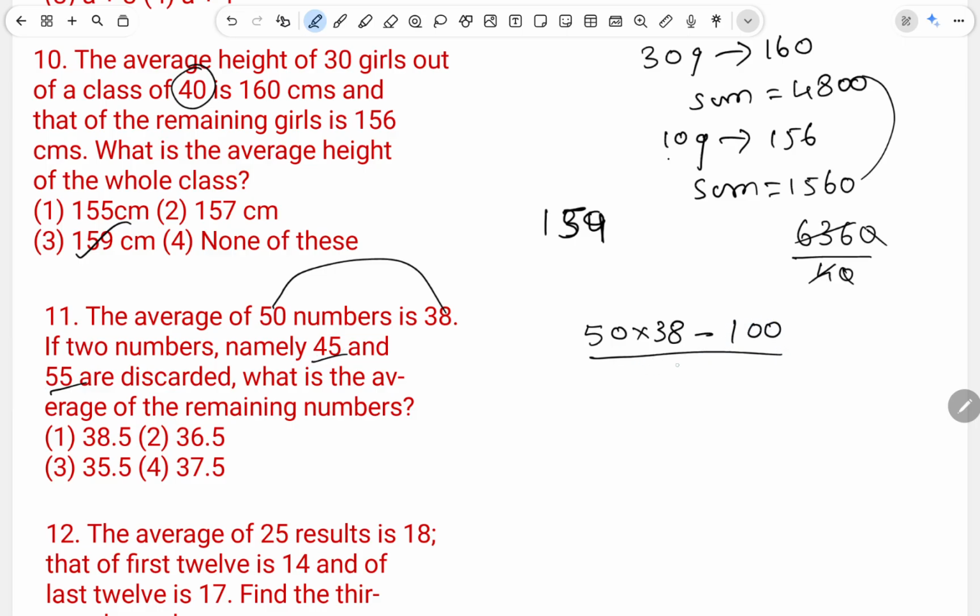Now how many numbers? 48 numbers. 50 into 38 is 1900, so 1900 minus 100 is 1800. 1800 by 48. 6 300s, 6 8s. Then 75 by 2 will be 37.5.